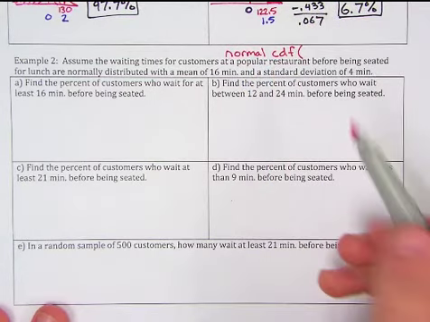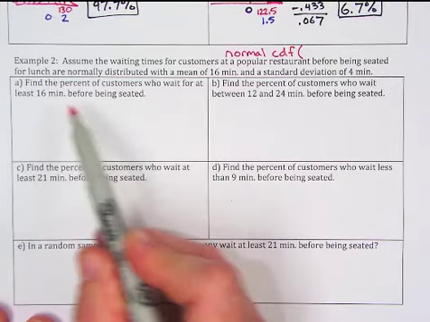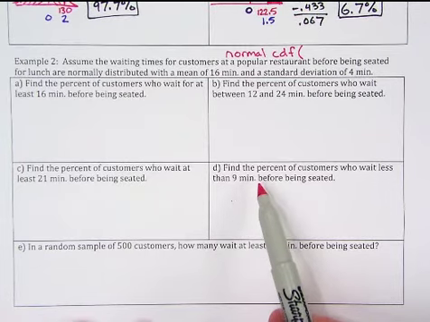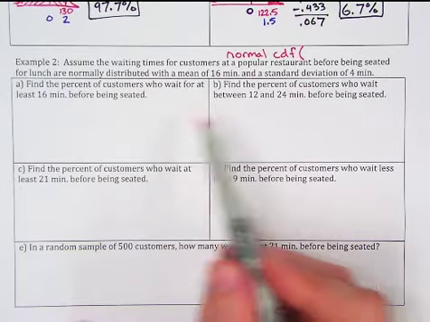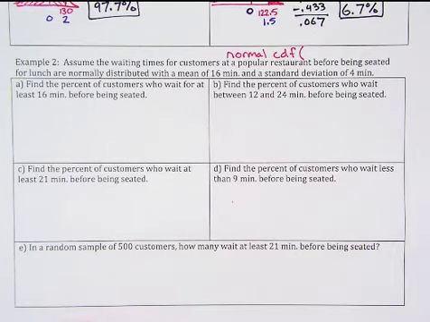And instead of putting our two z-scores here, since we're not given z-scores in our problem, we can actually give the calculator the two values we're looking for, as well as the standard deviation.